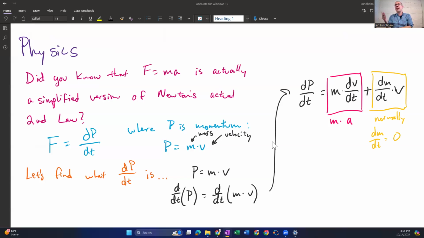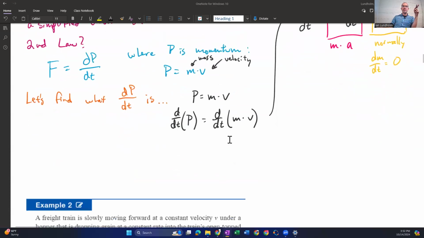We don't pay attention to it. But if you're in a scenario like launching a rocket, the rate of change of mass definitely makes a difference in the rate of change of momentum, because rockets are shooting off and you're constantly losing fuel, for instance. So definitely important. And we can see that this is available to us because we've done the product rule and we've done some kind of implicit differentiation there.